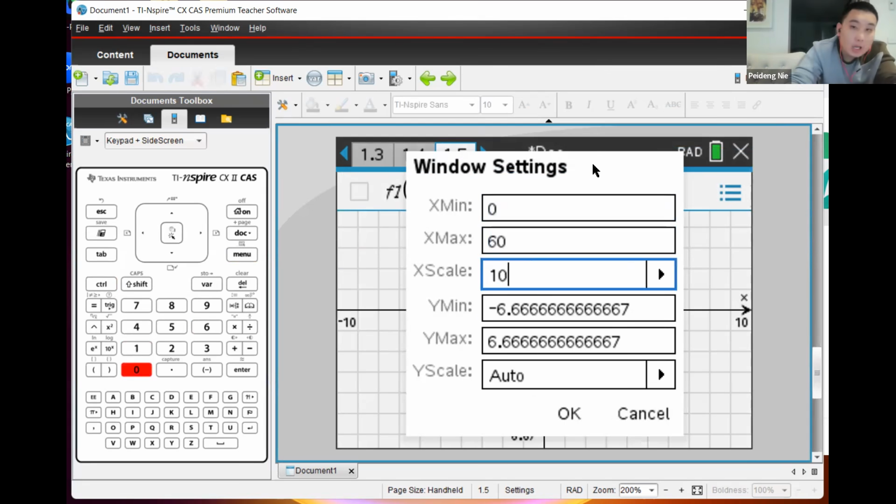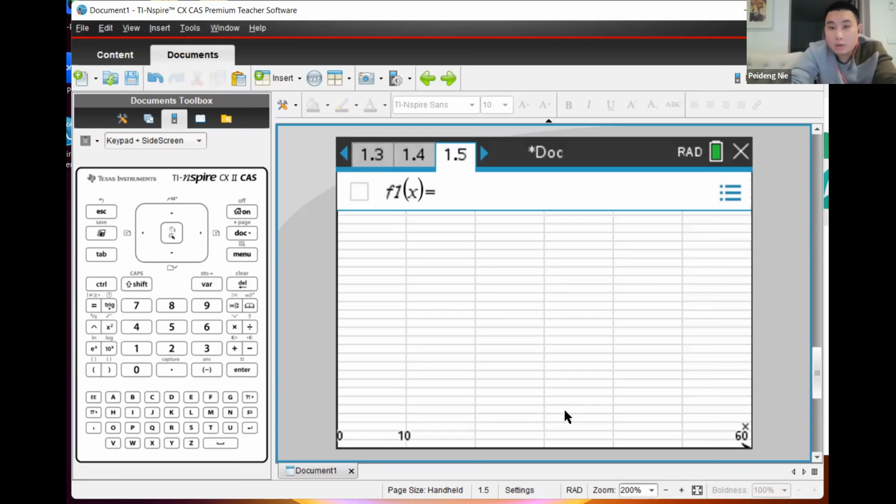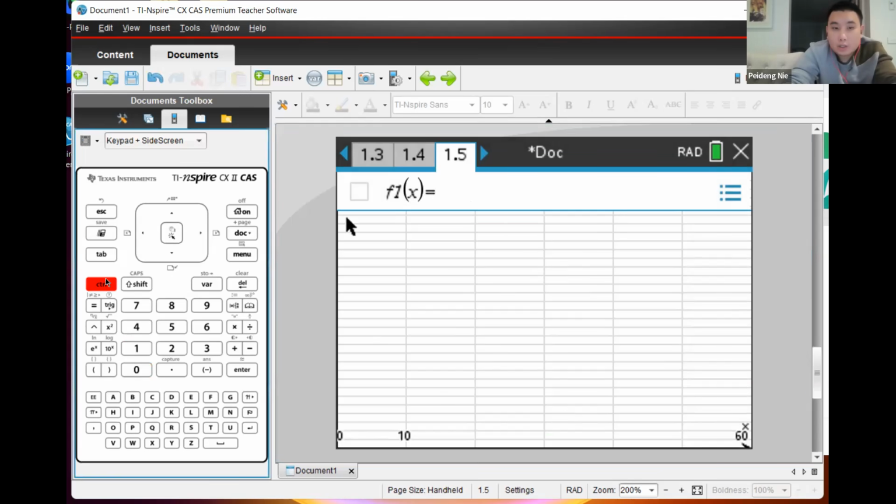Let's say X scale is 10. Y minimum is 0, maximum is 32,000, slightly above 30,000. The Y scale, let's use 1,000, I suppose. Okay. Now everything should be set up nicely.